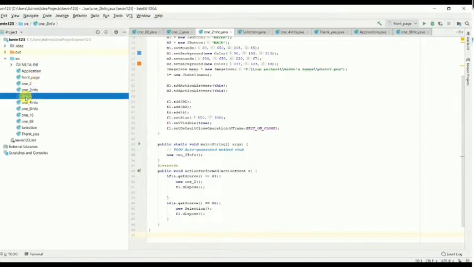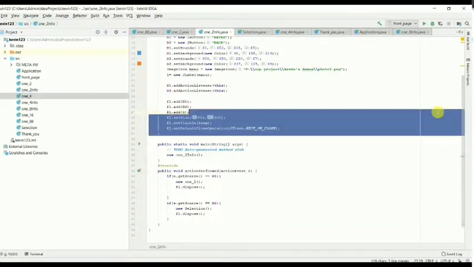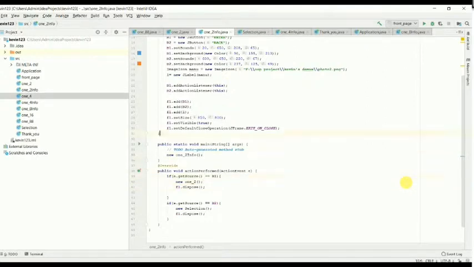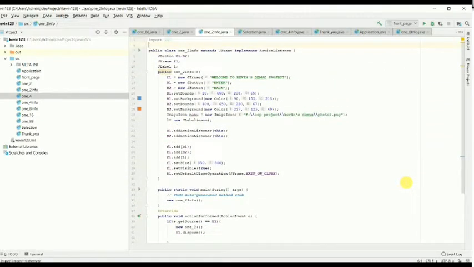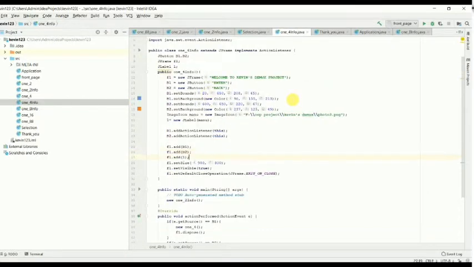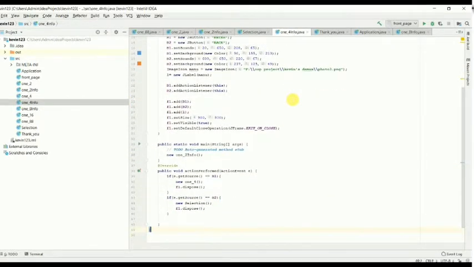Now this code is for input and output. Next is the full code of the 1x4 demultiplexer, the information page, and then the input and output page.